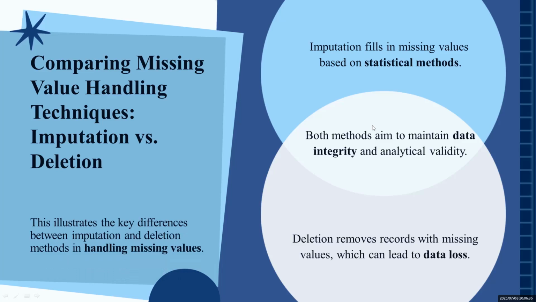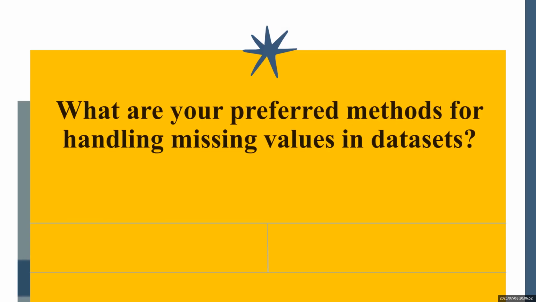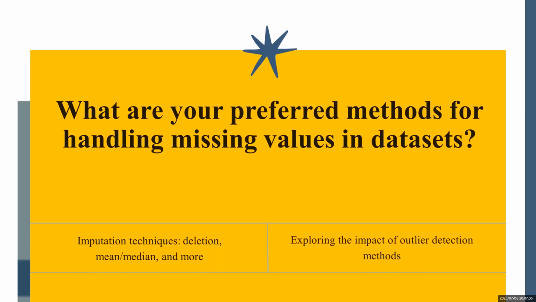And remember, your data set processing is very important because it's either going to give us good performance or it's going to mar the performance of the model during training. Now let's see another one. What are your preferred methods for handling missing values in data sets? Could it be imputation techniques, deletion, mean or median, and more? Also, explore the impact of outlier detection methods. You could do deep research about these methods.